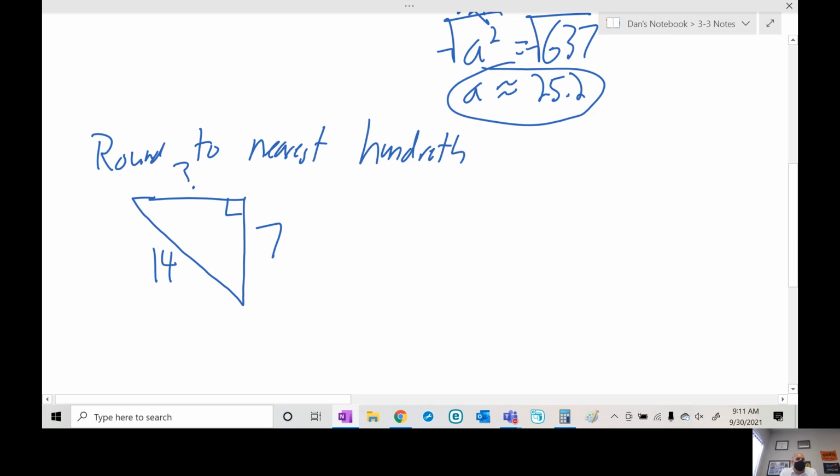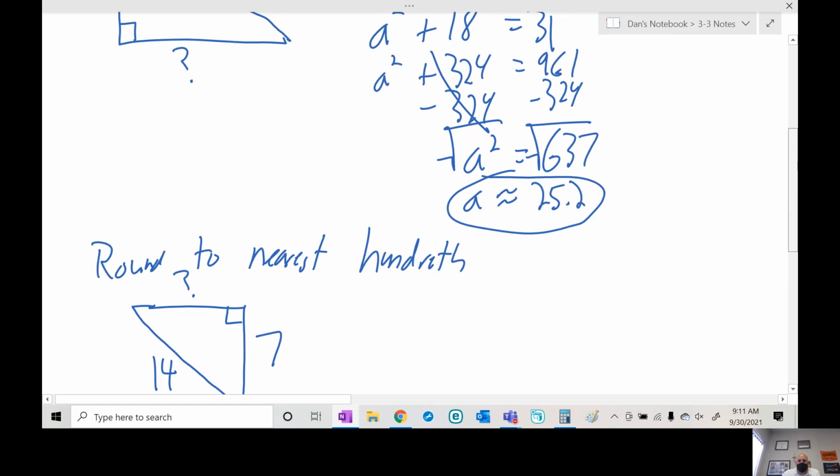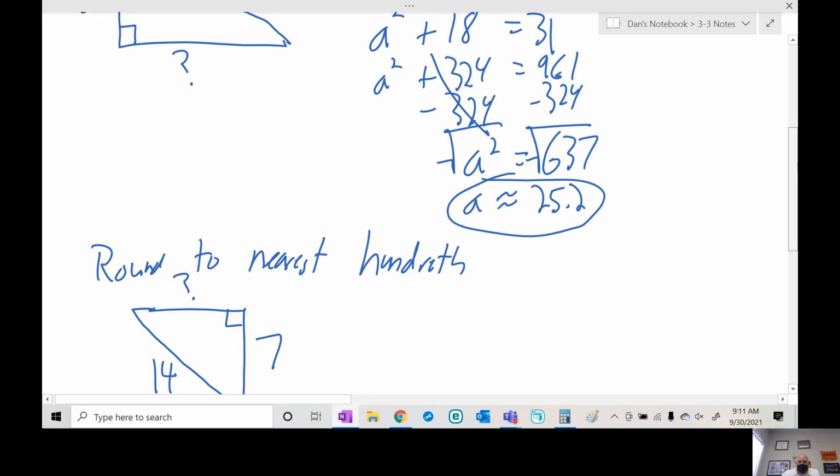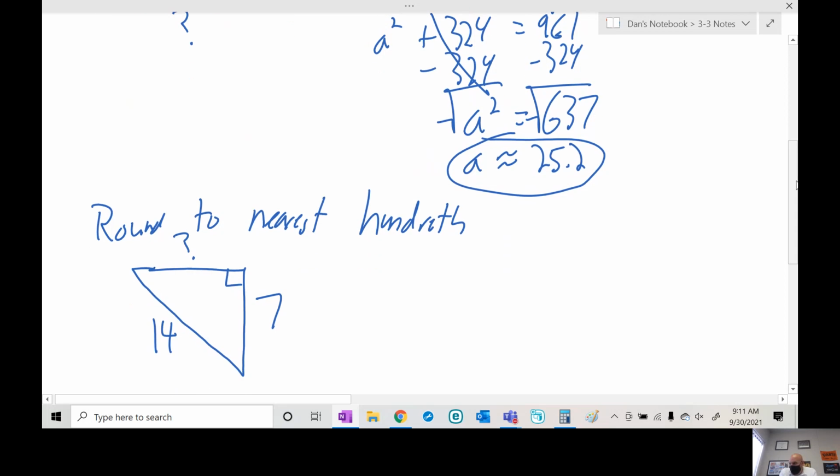Go for it on your own. See if you can set it up. It should look the same as what we did above. Try to fit it all in there. Again, remember, it doesn't matter if you leave it as the a squared is the one that's missing or the b squared is the one.